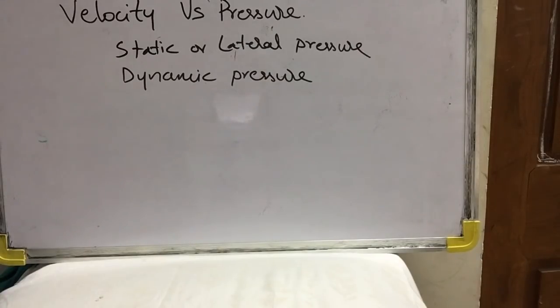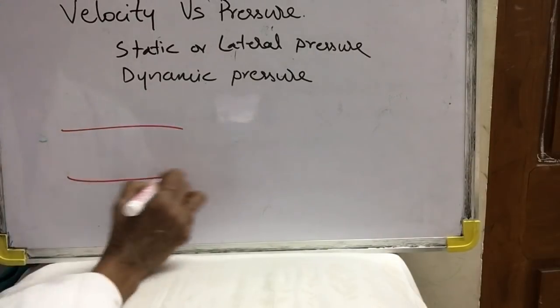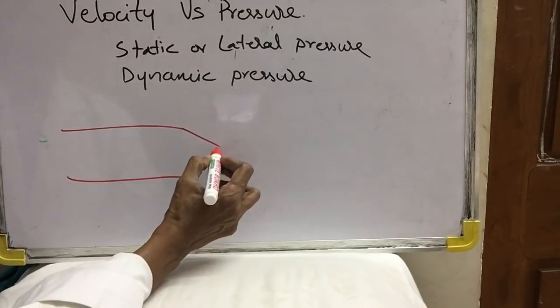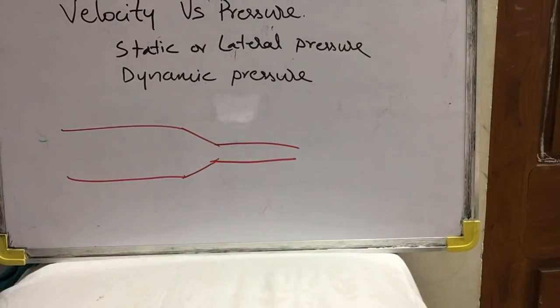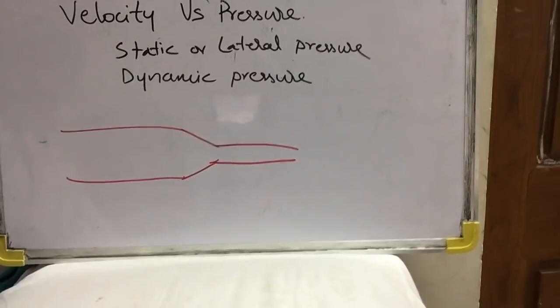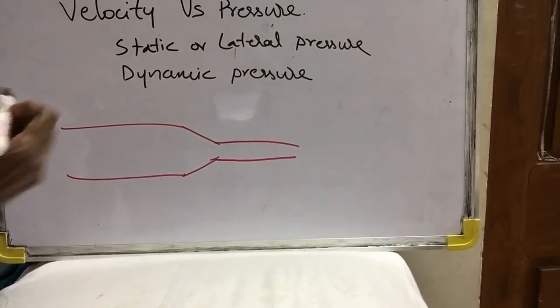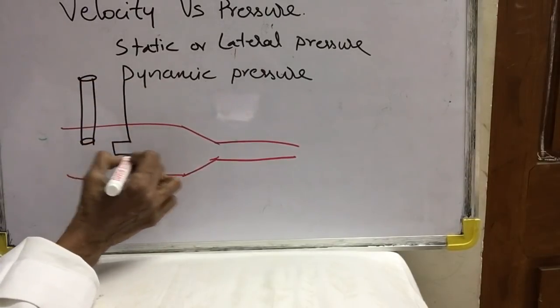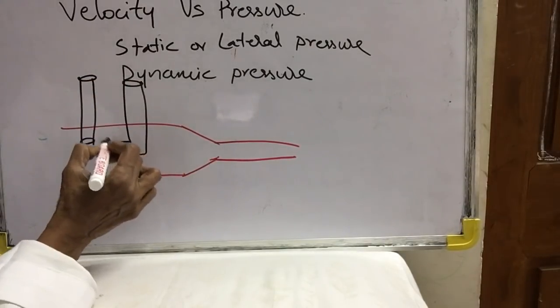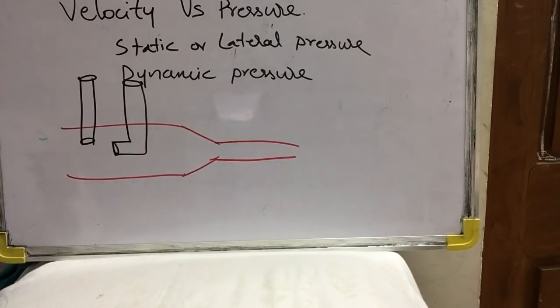So the relationship between the dynamic and lateral pressure in the vascular system with different diameter vessels is compared. See, for example, this is the vessel with different diameter. And here two tubes are placed which will measure the dynamic pressure and lateral pressure.